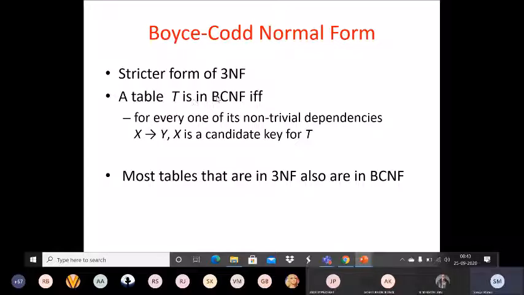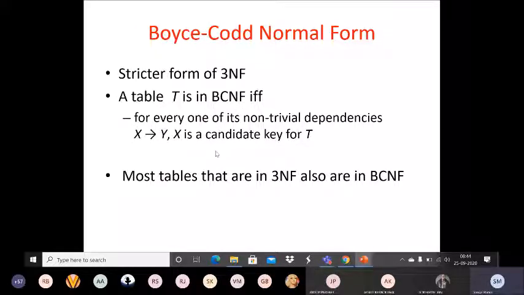A table T is in BCNF if and only if for every one of its non-trivial dependencies, X determines Y, X is a candidate key for T. So X should be a candidate key for T, and here part of a candidate key is not allowed.